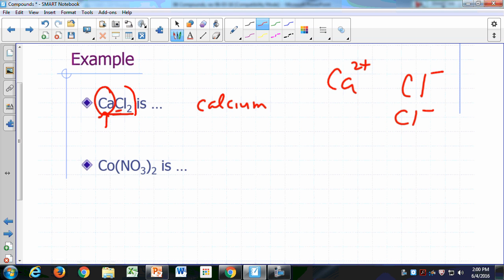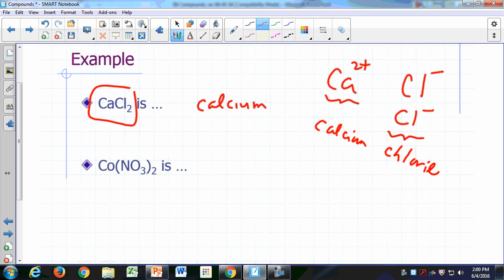That's why this formula is CaCl2, because calcium is plus 2, chloride is negative 1. The charges are not explicitly written here because you're expected to be able to figure out what those charges are. So the cation is called calcium, the anion is called chloride, and the name of this compound is simply calcium chloride.